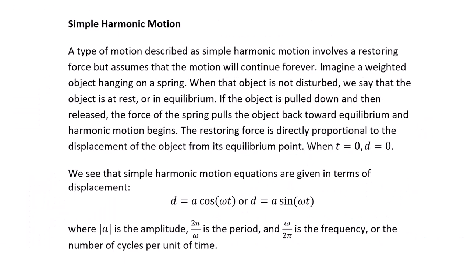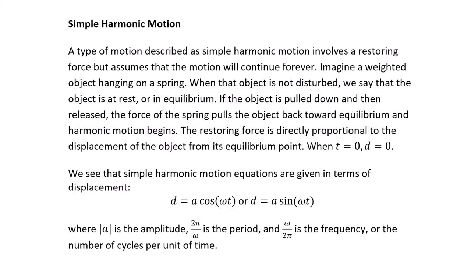Simple harmonic motion. A type of motion described as simple harmonic motion involves a restoring force, but assumes that the motion will continue forever. Imagine a weighted object hanging on a spring. When that object is not disturbed, we say that the object is at rest or in equilibrium.